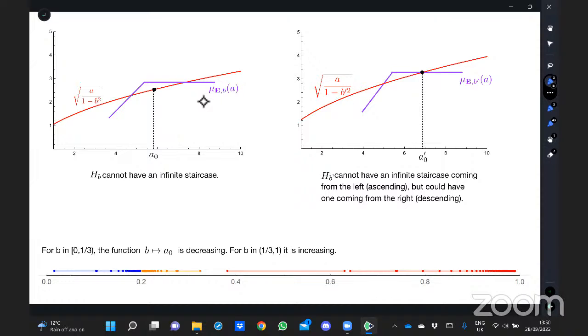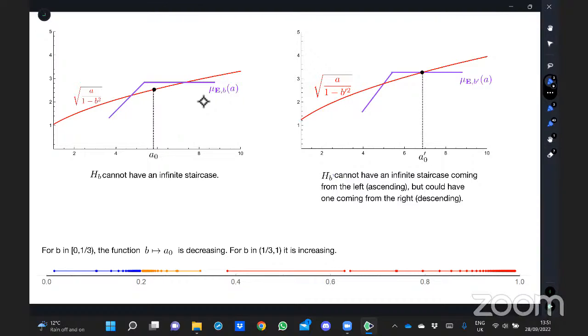So you can't have an infinite staircase coming from the left, an ascending infinite staircase, but you could have one coming from the right, and that is actually what happens unless A naught prime is a rational number. Okay, so that's how blocking intervals work.